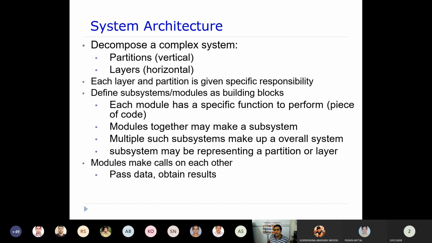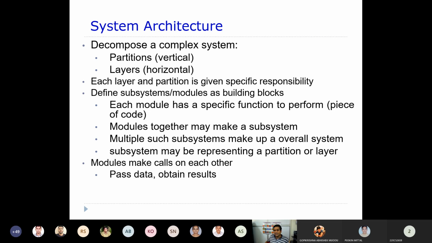Usually you need to define each subsystem in terms of a certain number of modules, and keeping all of these modules together forms a subsystem.